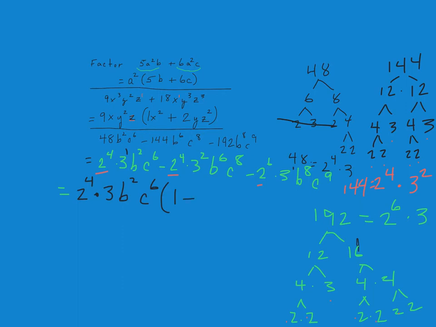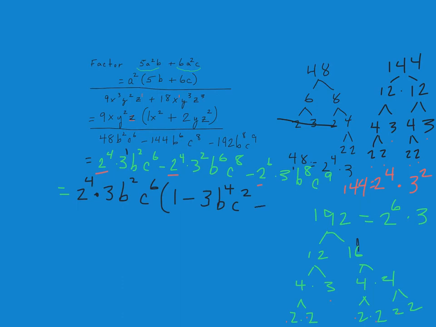So minus then, from the second term, the factors of 2 have all been pulled out, but there is 1 additional factor of 3 inside the parentheses. There are 4 factors of B inside the parentheses, and there are 2 factors of C, because we had 8 factors of C, and we're taking 6 factors of C out.